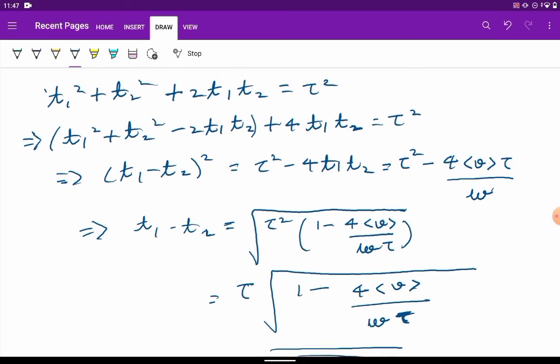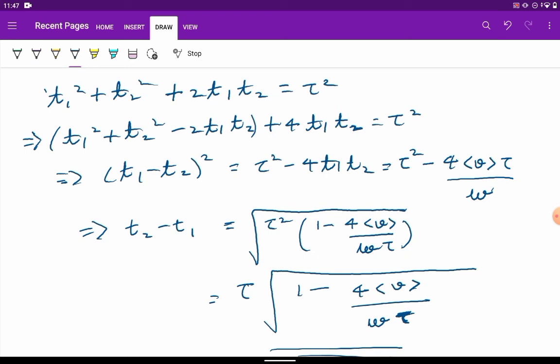I would like to point out one thing, that I have written here T1 minus T2 whole square and I have written it as T1 minus T2. So this should actually be T2 minus T1. The reason being that whenever I take a square root on both sides, the final square root should be positive.